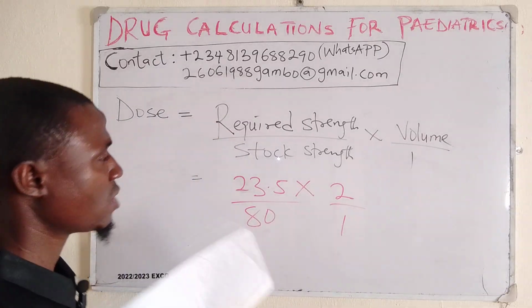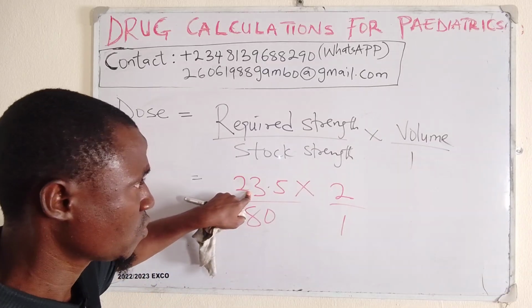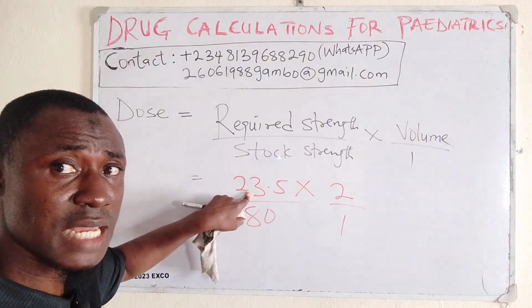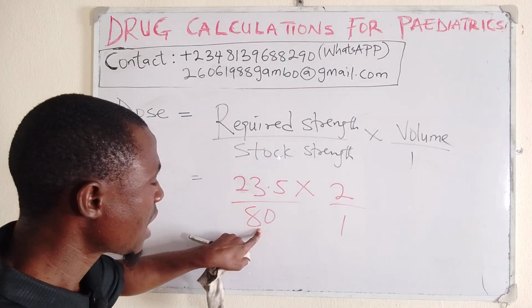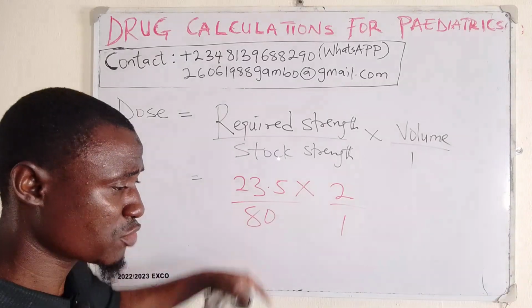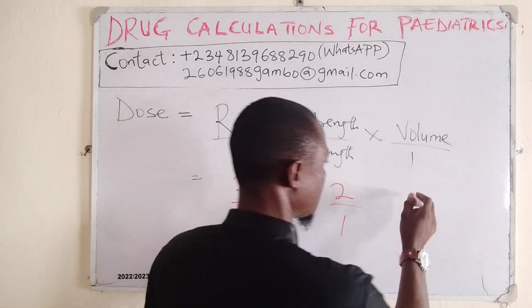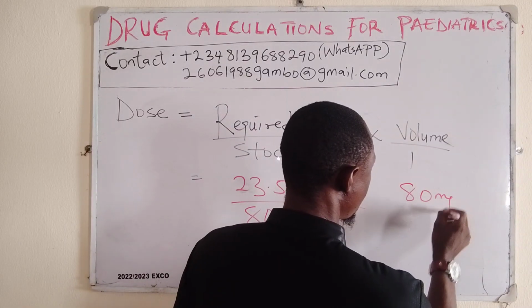Now, how did we come about all of these figures? This is the required strength, what we calculated or what has been prescribed to that patient. This 80 simply stands for the stock strength. You can always obtain your stock strength from the ampoule, and it's usually written this way on the ampoule.